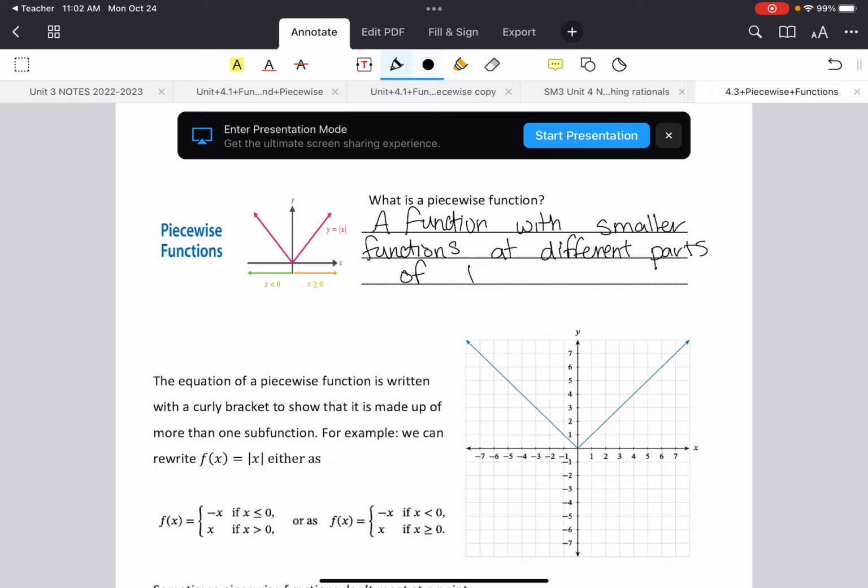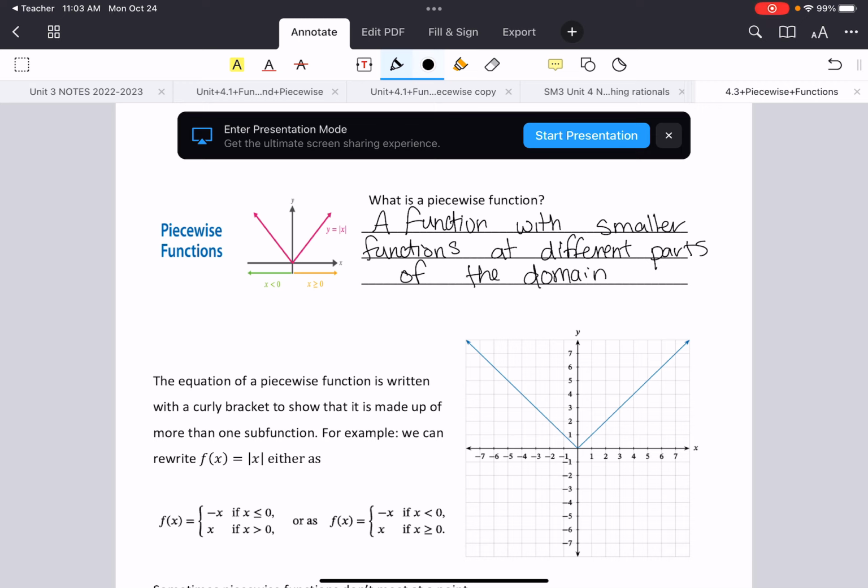All right, so a piecewise function is a function with smaller functions at different parts of the domain.